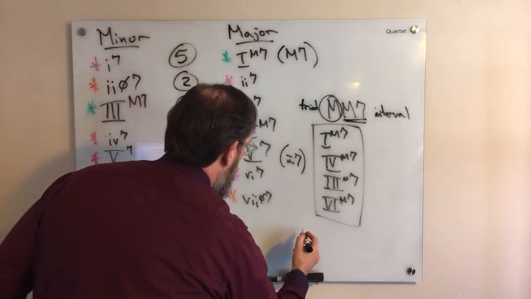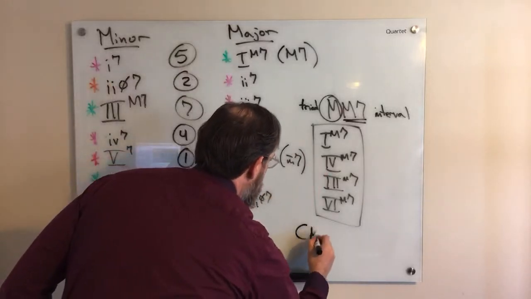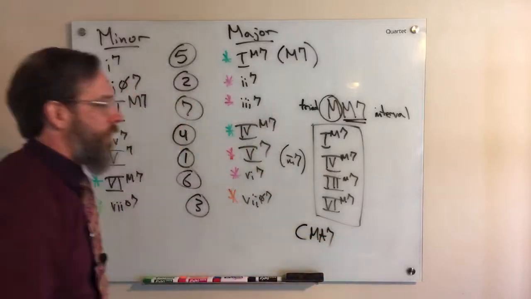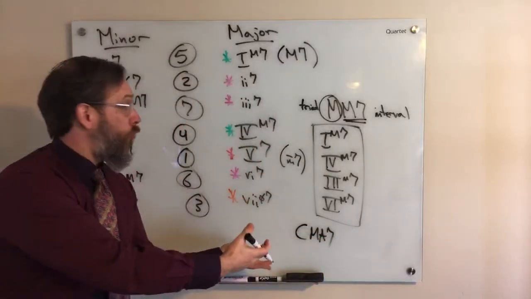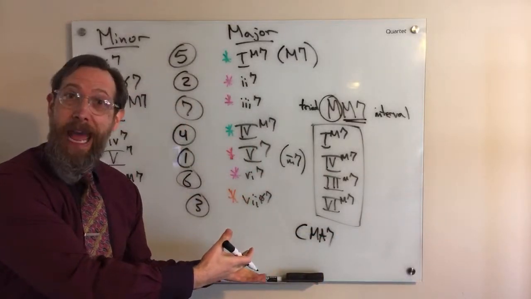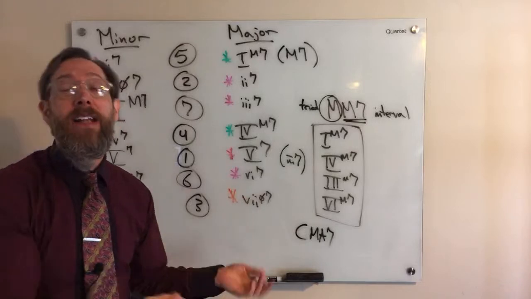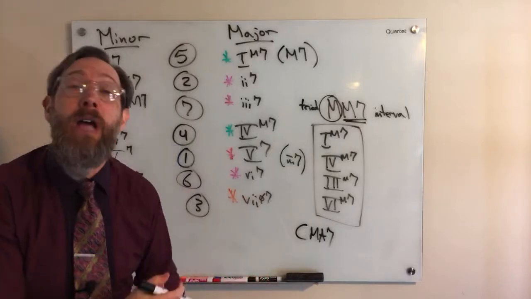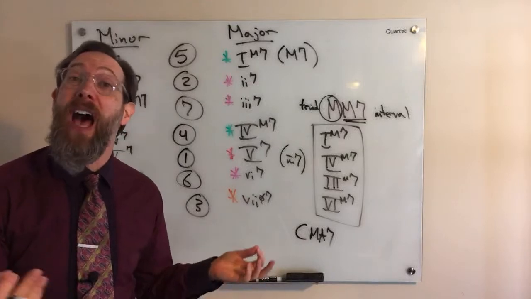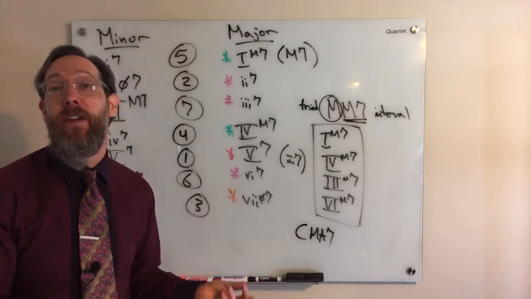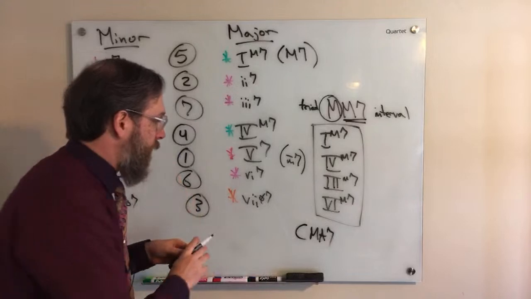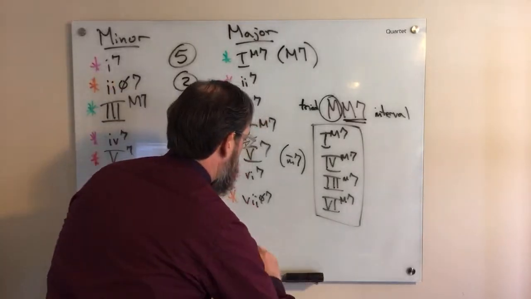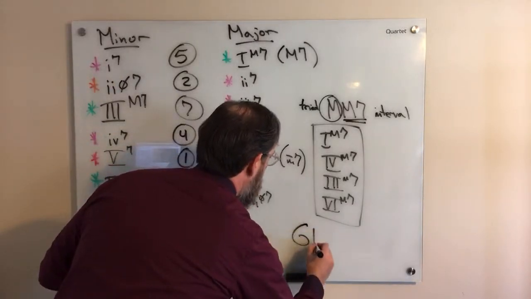If I tell you the chord is C major 7, and I say, what Roman numeral does that get? Your answer should be, I don't know, Dr. B. I need to know the context before I can figure that out. And actually, let me change it to G major 7.